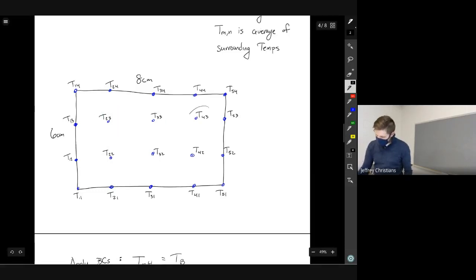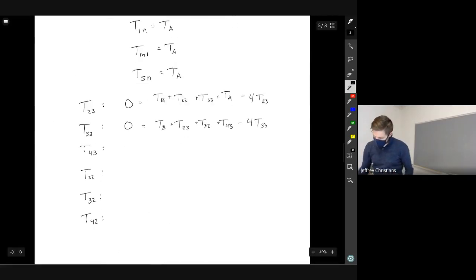Then we move on and write an equation for this one. It's going to be TB at the top, TA at the right, 4,2 at the bottom, 3,3 at the left. So 0 equals TB plus TA plus T42 plus T33 minus 4 T43.